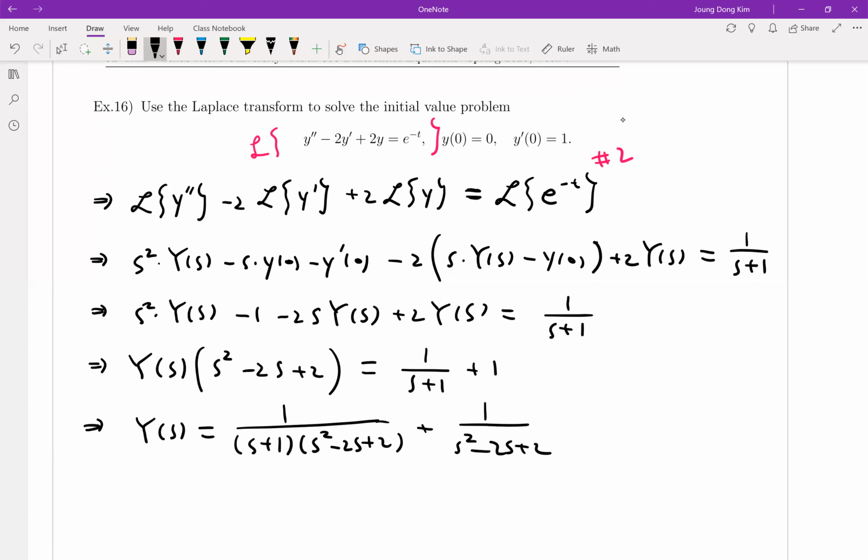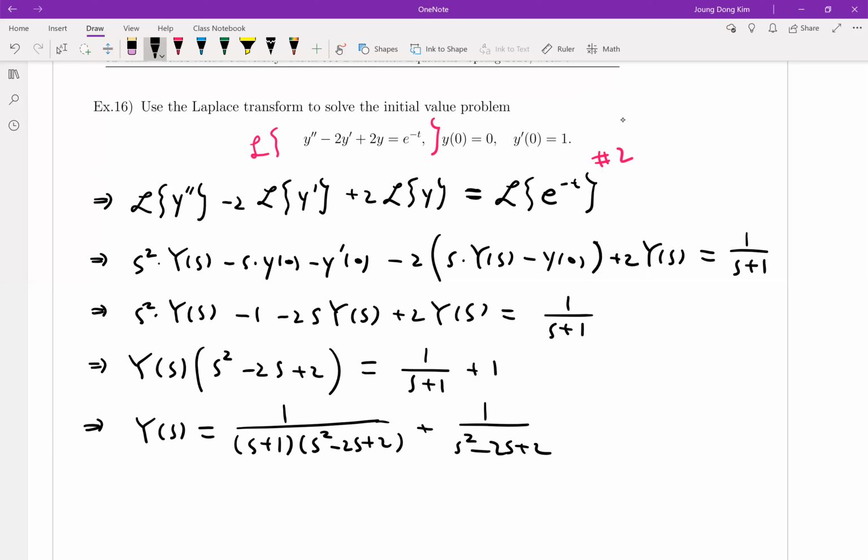For the second part, let me show you how we can take care of this, and we need one important skill. Before doing that skill, let me split this one into two.